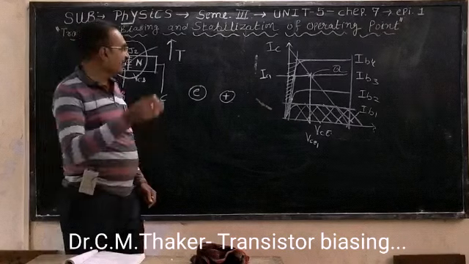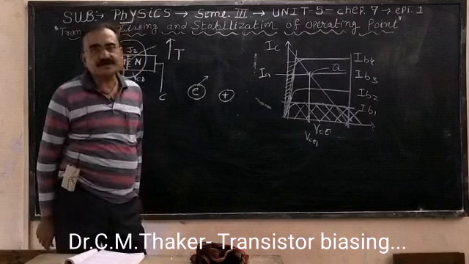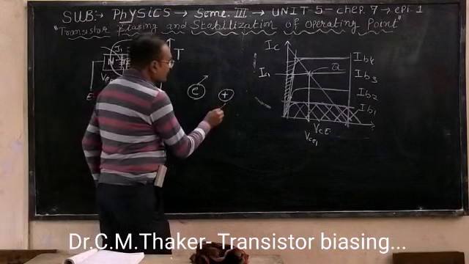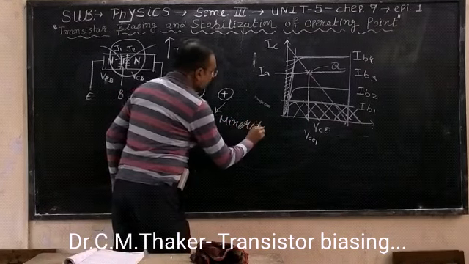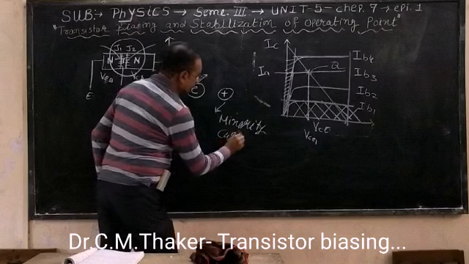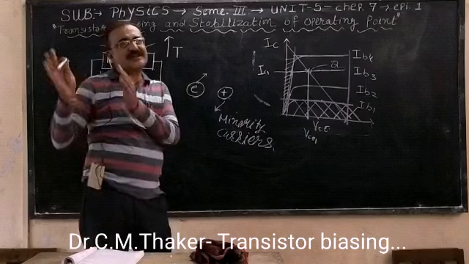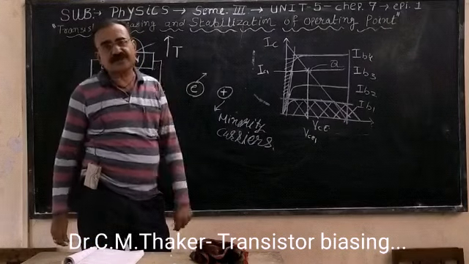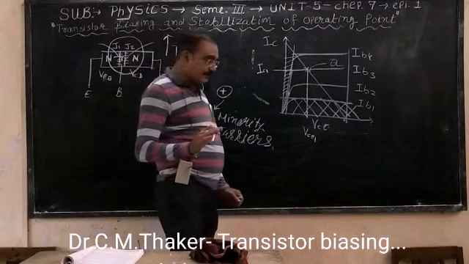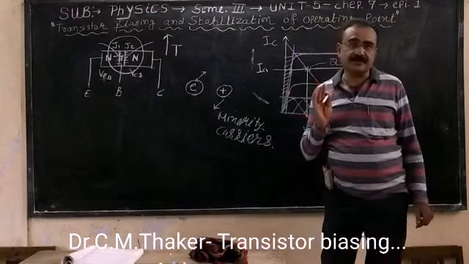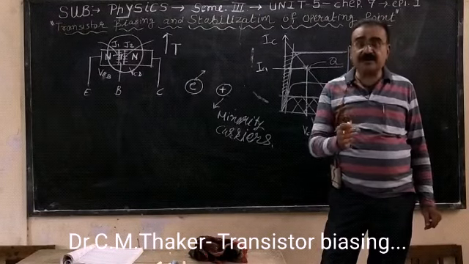At the collector end, electrons mix with the majority carriers, but holes will be the minority carriers. Your minority charge carriers will increase as the temperature increases, and that gives rise to what is called leakage current.